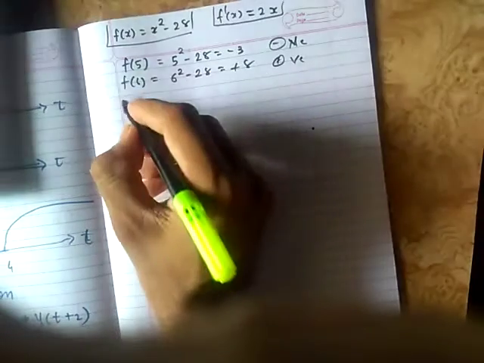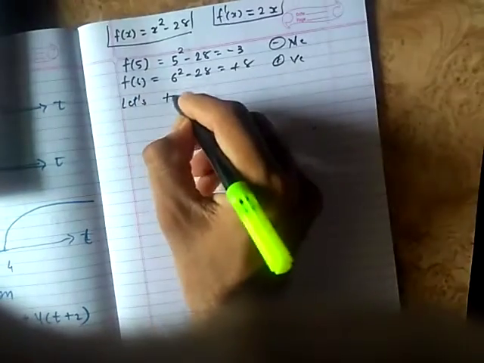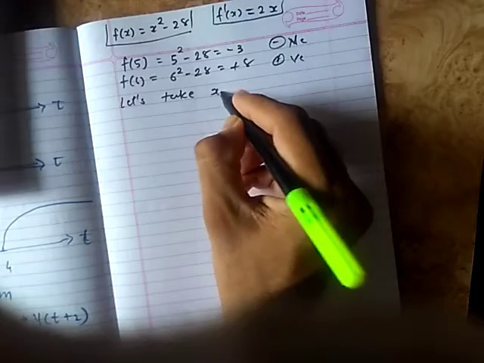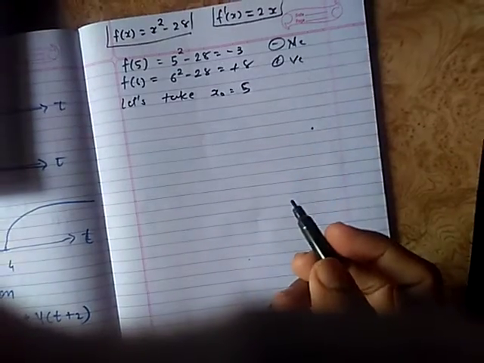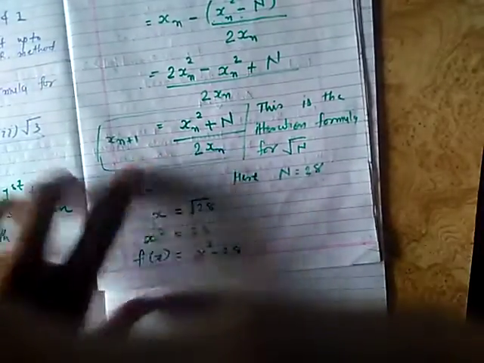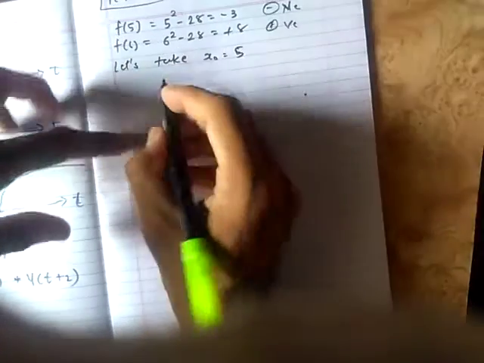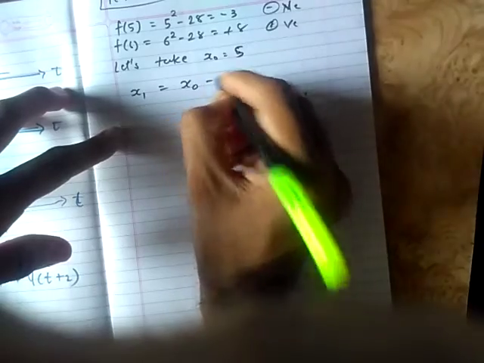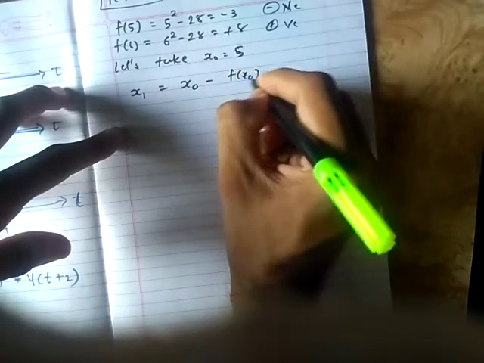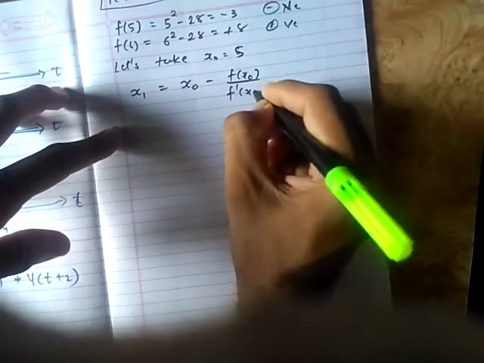So let's take x0 equals to 5 and then use our iteration formula for the square root. Use this formula for the square root. So what will happen? X of 1 is equal to x of 0 minus function of x0 divided by function dash of x0.